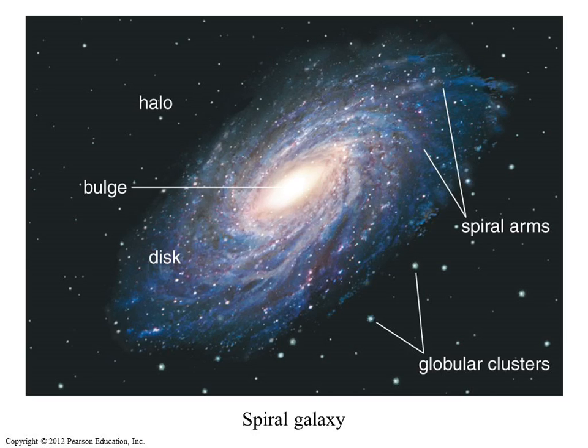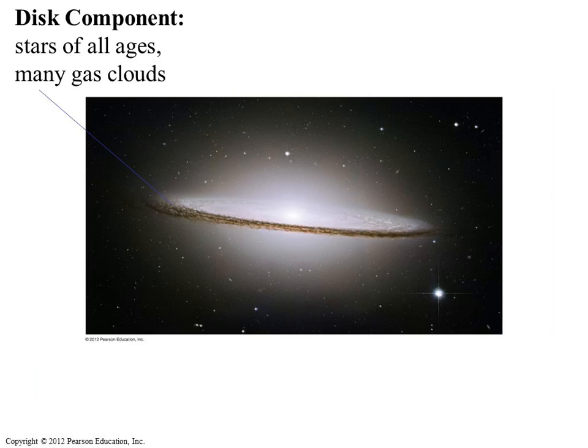This looks like deja vu. This could have been what we looked at when we considered the Milky Way galaxy: spiral arms, halo region, disk region, and those clusters of stars we call globular clusters in the halo region. This is the Sombrero galaxy, and I think we saw this in one of the videos we watched part of.